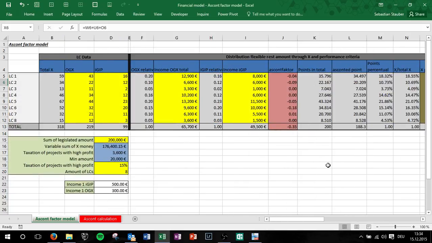So this model includes everything you can imagine about distributing according to variables. And as I told you, if you want to discuss a lot, then this is your model. Otherwise, don't choose this model.